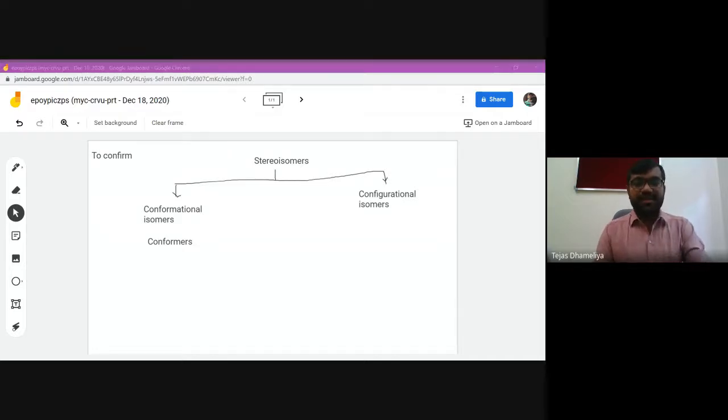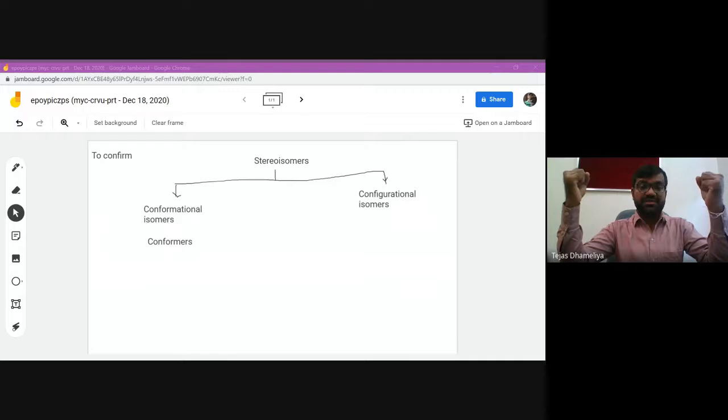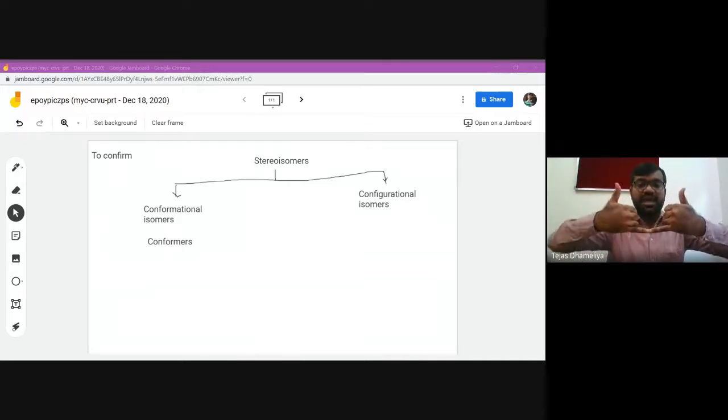Generally, two carbon atoms which are connected with each other can rotate across the carbon-carbon single bond. For example, these are the two carbons. They are connected through a single bond. So now they can rotate like this.